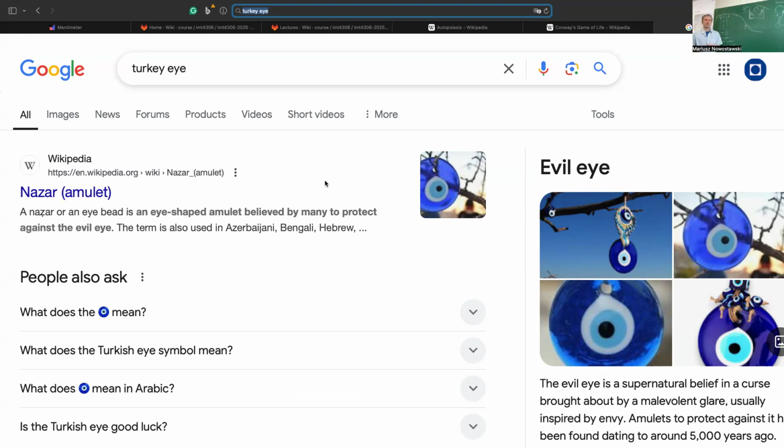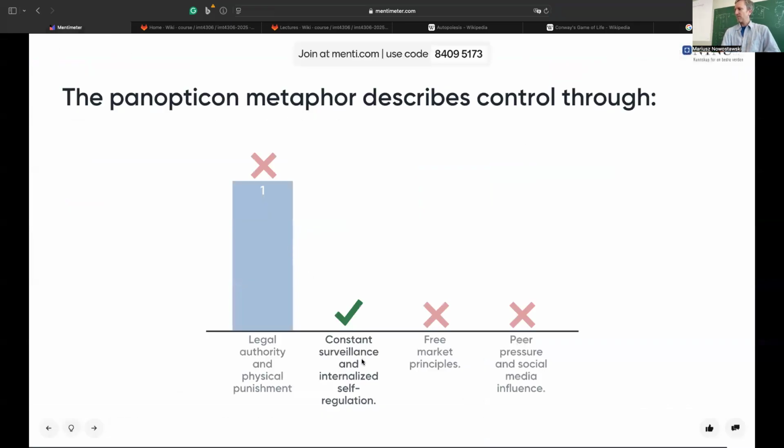In some religions, you have this concept of an all-watching and all-seeing God, who always sees what you do, right? And it's this panopticon metaphor, which takes the surveillance or the legal and physical authority to the extreme, right? So you're always watched, and you're always measured, and you're always subjected to consequences of your actions, right?